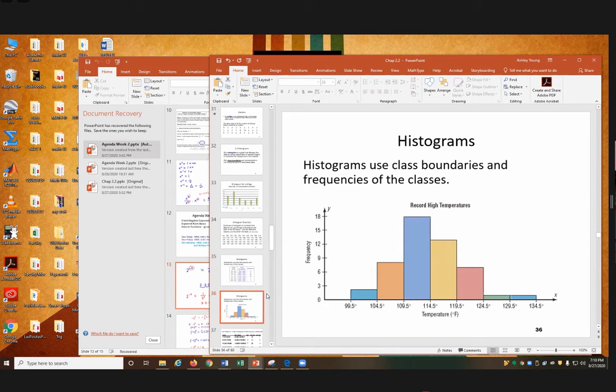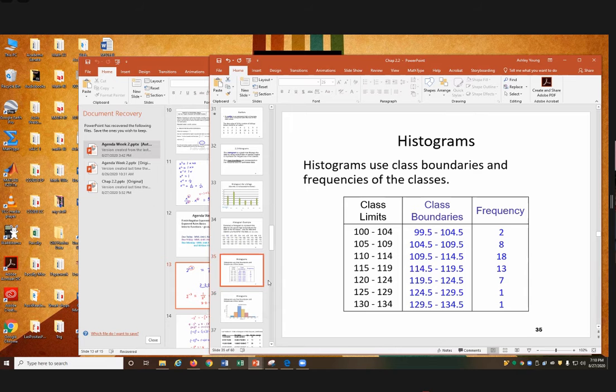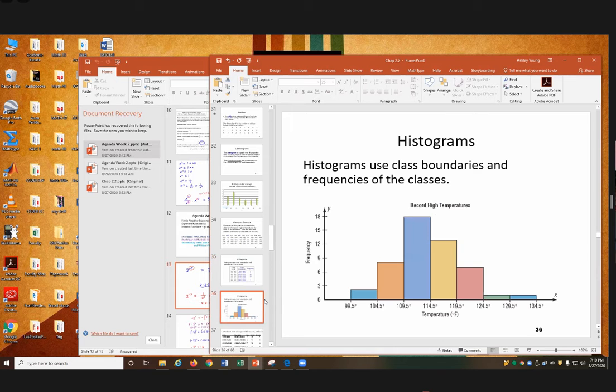The first class is between these two boundaries. So it has to start here and end there and have a height of the frequency. The frequency is 2. The next one, between the boundaries of 104.5 to 109.5, has a frequency of 8. So I'll go up and make a box with a height of 8. And the next one, from 109.5 to 114.5, I'll go straight up to the height of 18, the frequency of 18, straight across, and then down to this boundary.